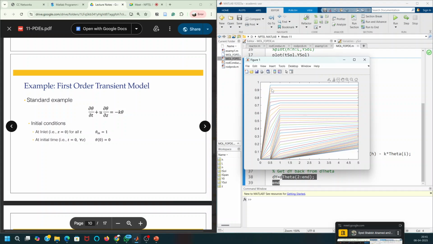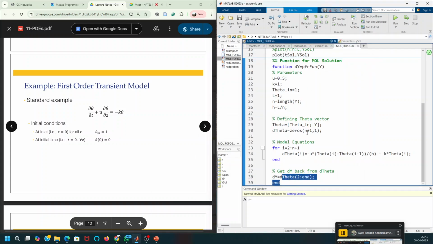This is how, with respect to time, at various points on the rod, or various points in the space domain, theta is varying with respect to time.